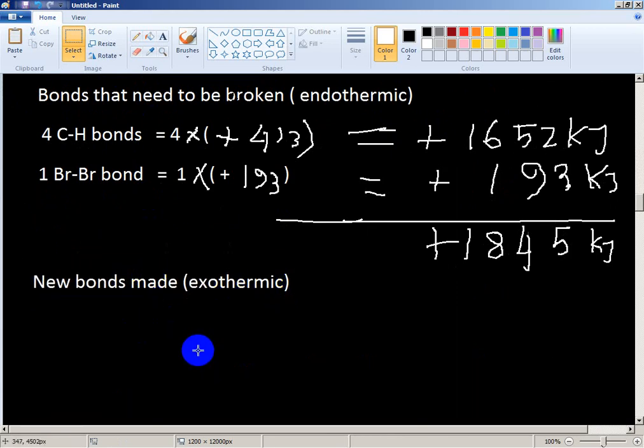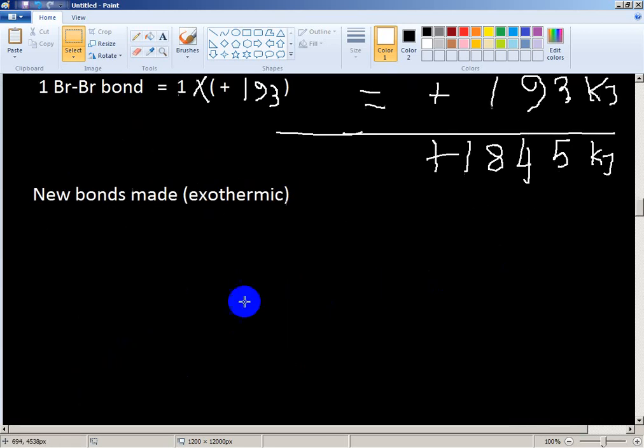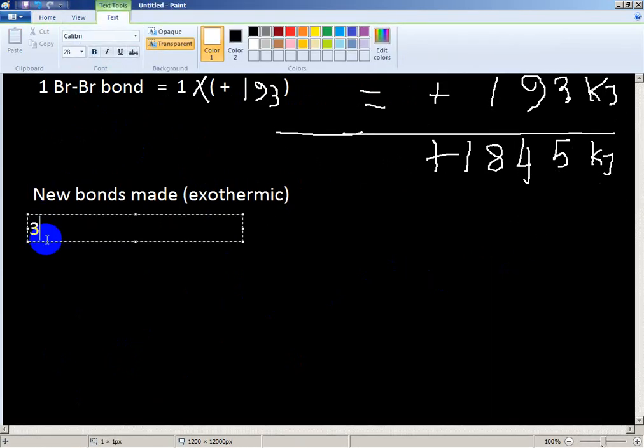New bonds made, exothermic. So here, how many carbon hydrogen bonds? 1, 2, 3. 3 carbon hydrogen bonds.